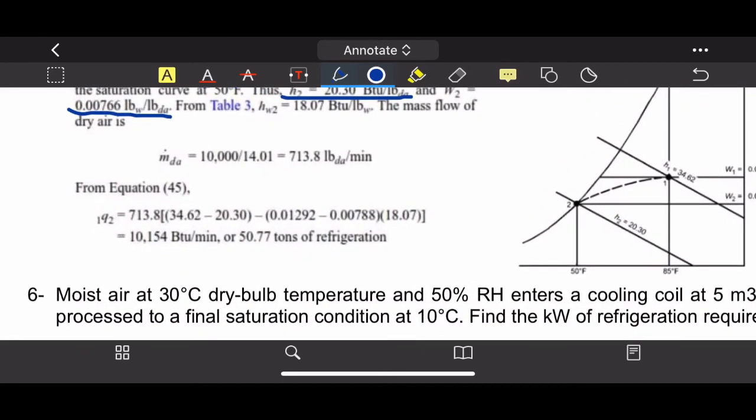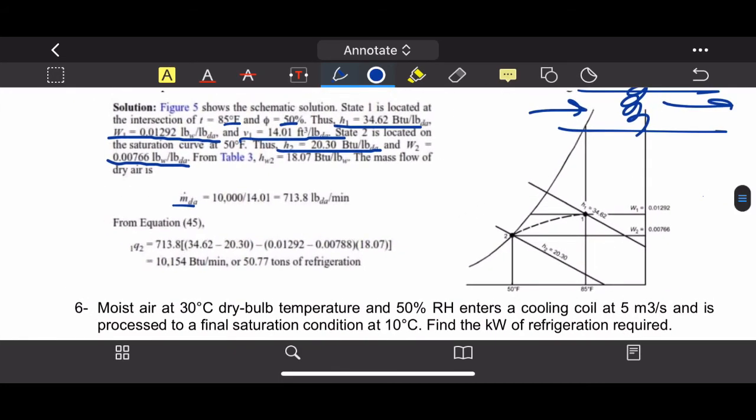So m dot is V dot over 14.01. Okay, this is an equation for mass flow rate given by volumetric flow rate divided by, okay, you figure it out. What is 14.01? Okay, the answer is 713.8 pound of dry air per minute. So the equation 45, which is taken from the textbook, right?